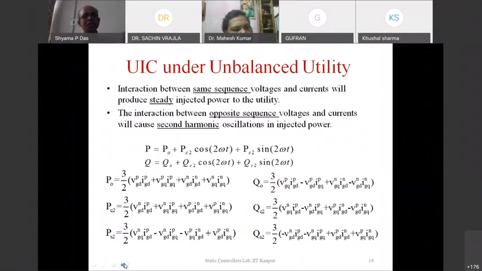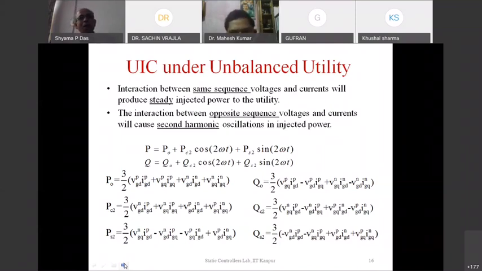The positive sequence current will interact with the positive sequence voltage. That is fine. But the positive sequence voltage can interact with the negative sequence current. The negative sequence voltage can interact with the positive sequence current. And the negative sequence voltage can also interact with the negative sequence current.